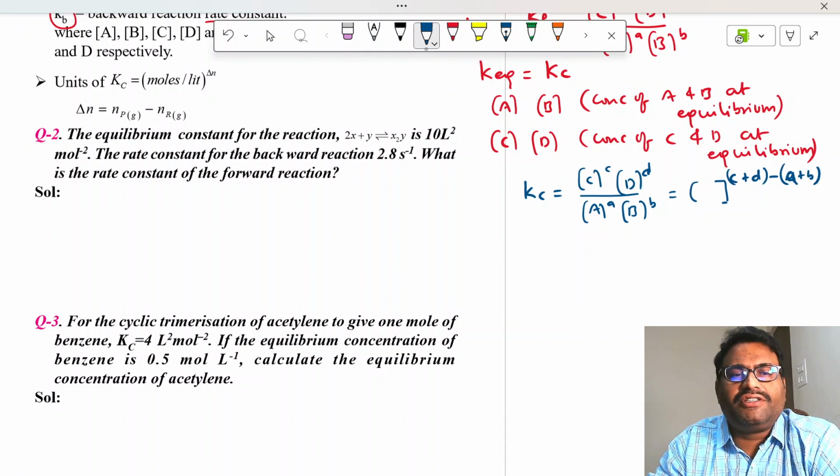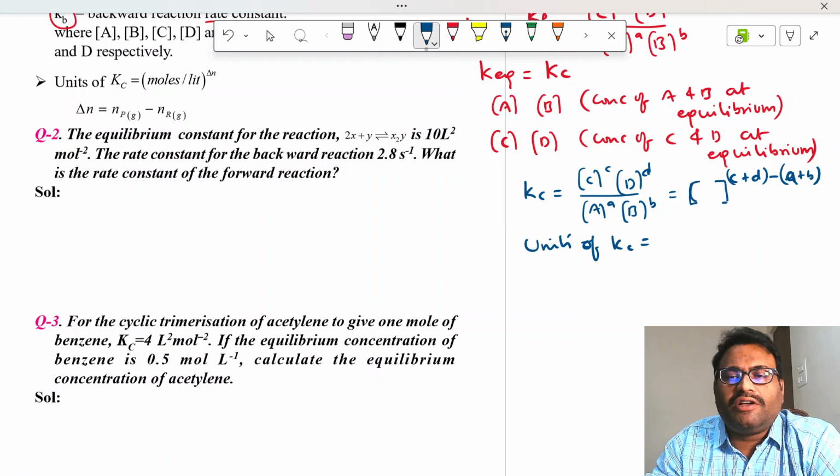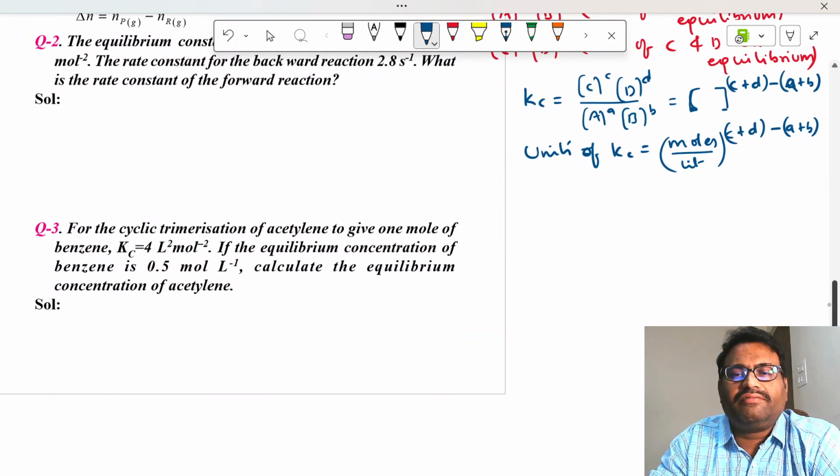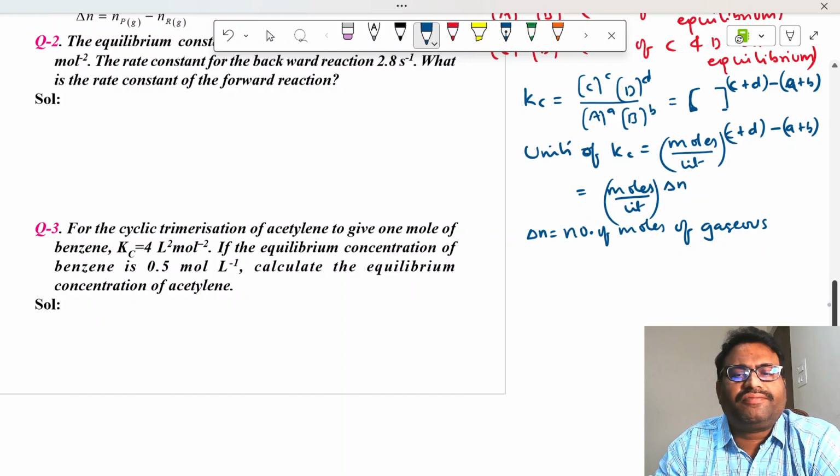Now the units. The units of Kc are, since the square bracket expression represents moles per liter, moles per liter to the power c plus d minus a plus b. In other words, I can write moles per liter to the power delta n, where delta n is the number of moles of gaseous products minus the number of moles of gaseous reactants.